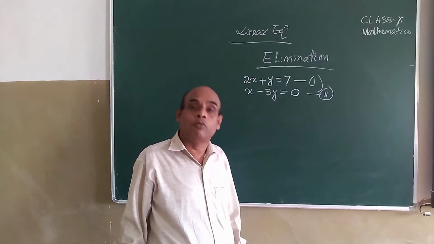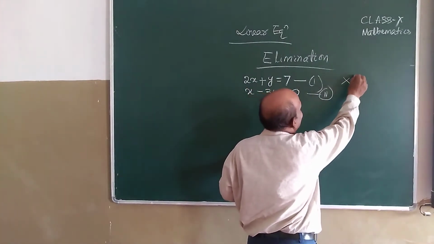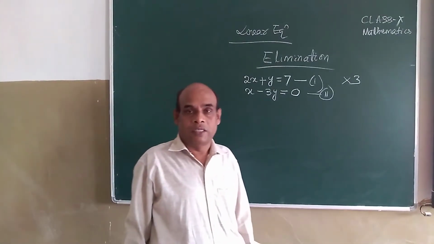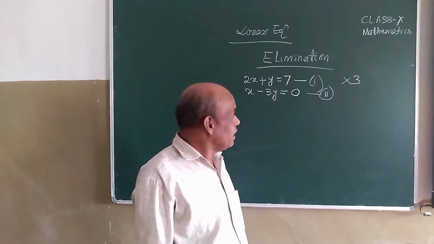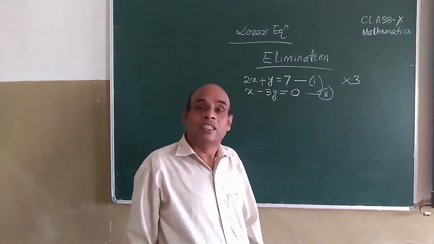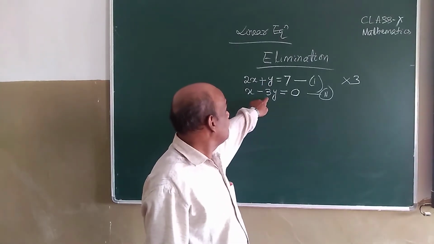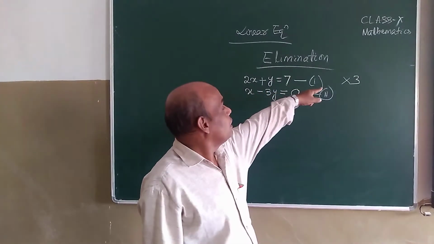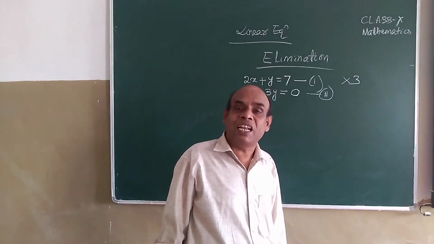So what you have to do is simply multiply equation number 1 by 3. Why 3? Because then this y will become 3y, and in the second equation minus 3y is already there.